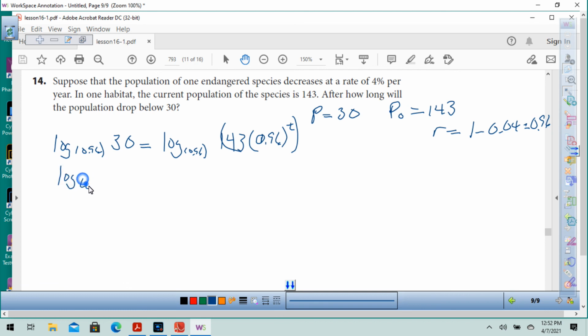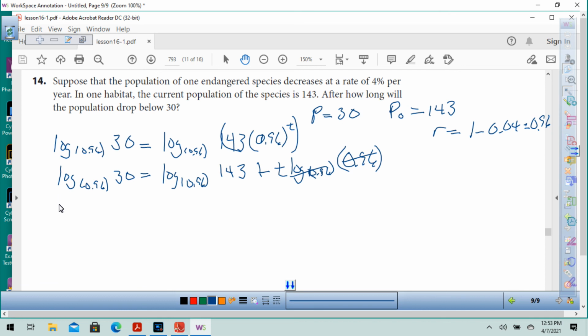Log base 0.96, 30 equals log base 0.96, 143 plus, and then we'll move the t up front, t log base 0.96. Okay? Those two will cancel out and I'm left with t.